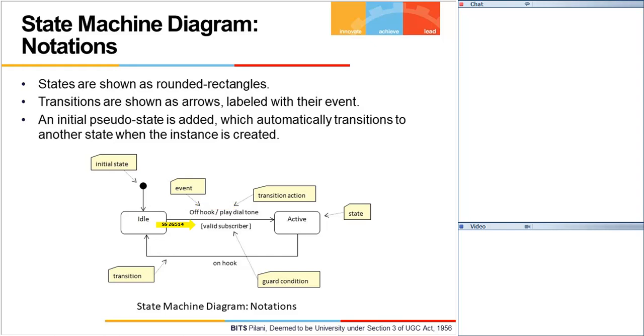Plus, there is a guard condition which, if true, then only the transition will happen, right? If the guard condition is false and the event occurs, still the transition will not happen, right? So this is an important part of the notations of the state transition diagram.